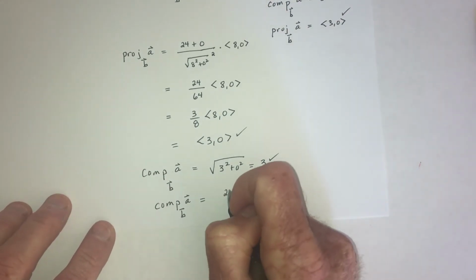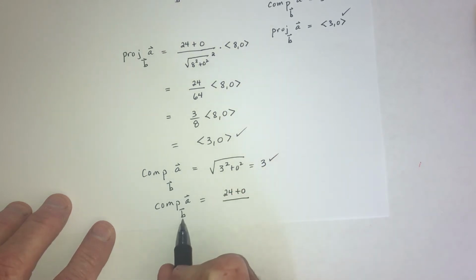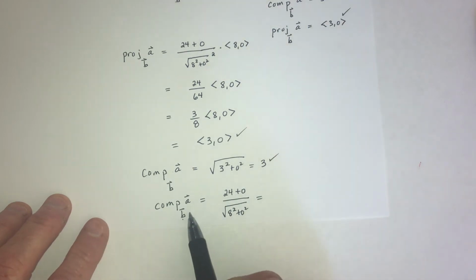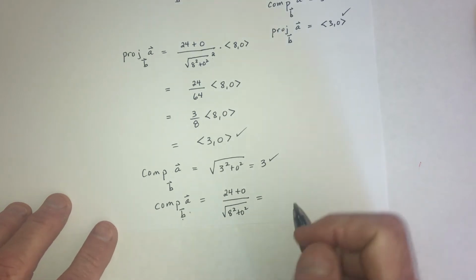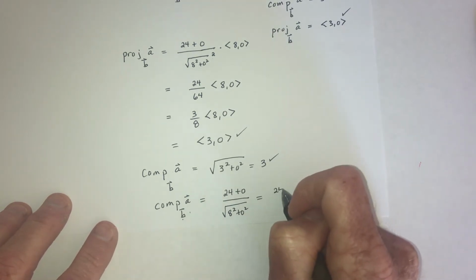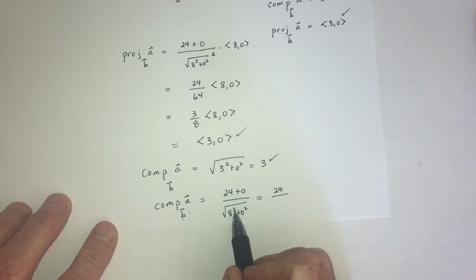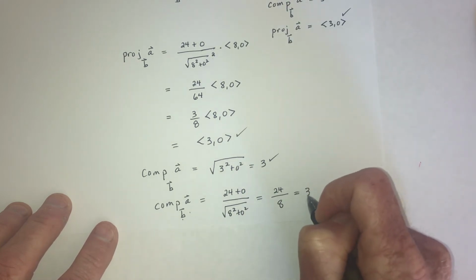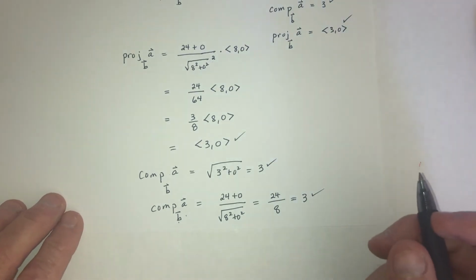So that would be 24 plus 0. And then it gets divided by the length of B. And that would be the square root of 8 squared plus 0 squared. For the component formula, it doesn't have this square. So it's just the square root. So let's see, this would be 24 on top. And then this would be 8 squared is 64, but then you take the square root of that, so it's 8. And so sure enough, it's 3. So now I've gotten the same answer, doing it several different ways. I'm pretty sure that I got it right.